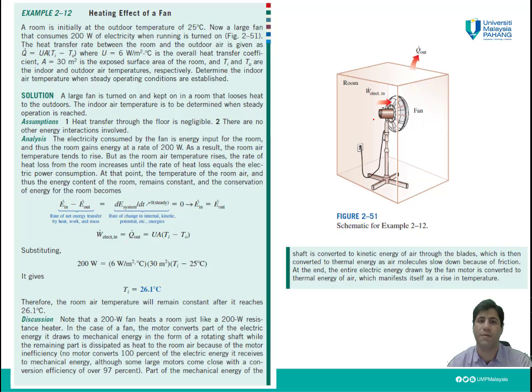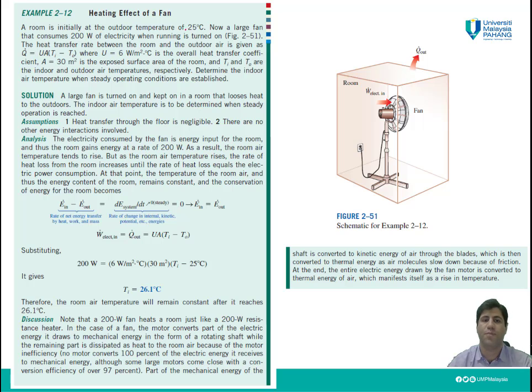Then the heat transfer from this system to the surrounding, which is outside of this room, we also know the rate of that heat transfer. Let's see if by this much heat transfer and this much electrical consumption for this fan, we can cool down this room or not.